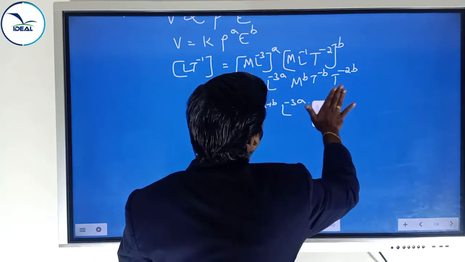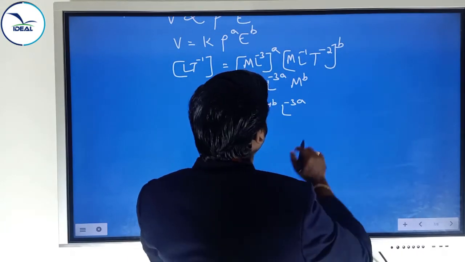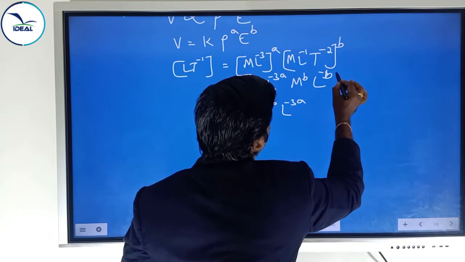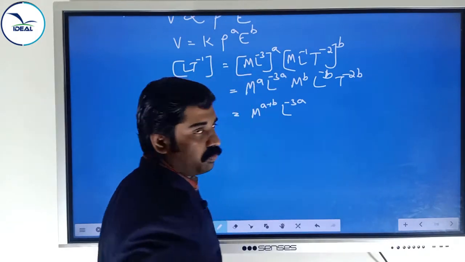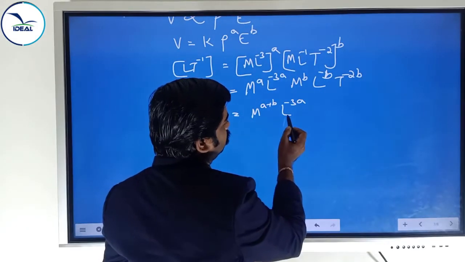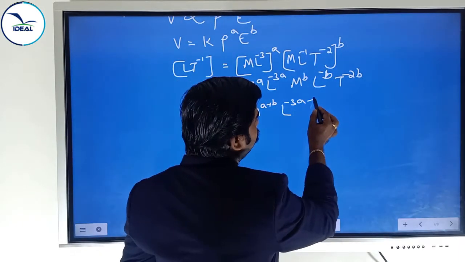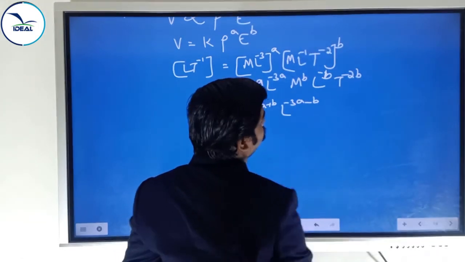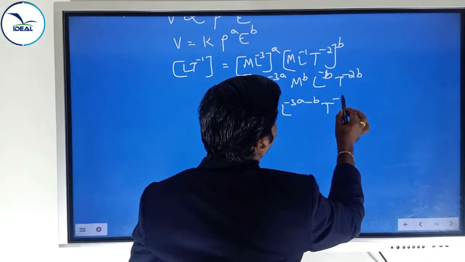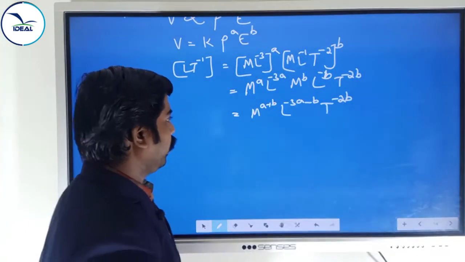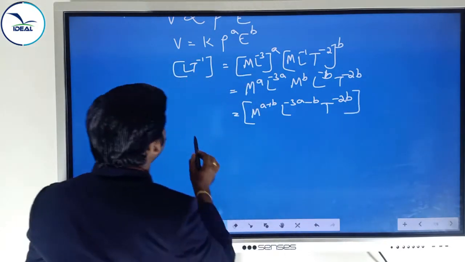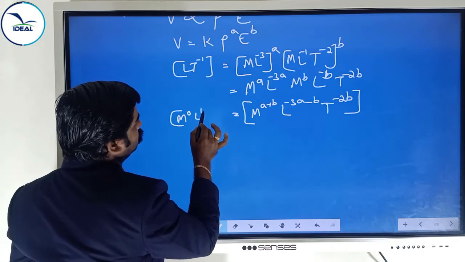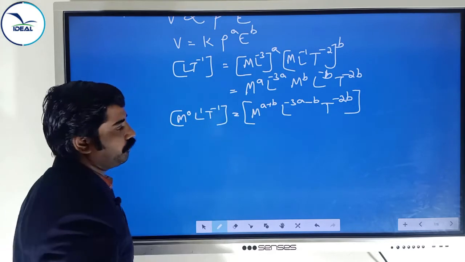Sorry, there is a small mistake. Here it is L raised to minus 1, that means minus B, L raised to minus B, T raised to minus 2B. So M raised to A plus B into L raised to minus 3A minus B, into T raised to minus 2B. Likewise, on the left side, LT raised to minus 1 means M raised to 0, L raised to 1, T raised to minus 1.